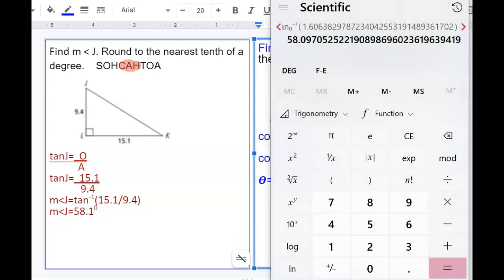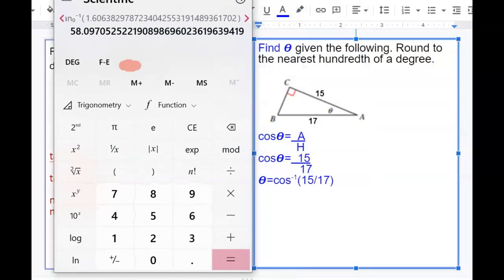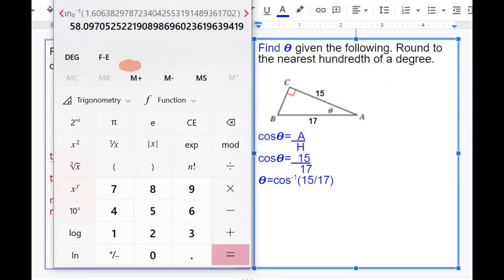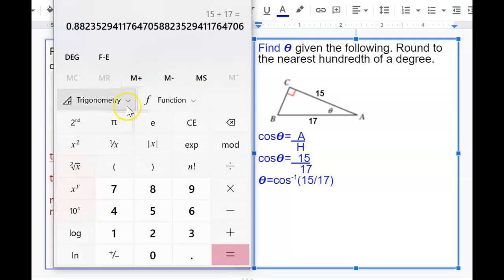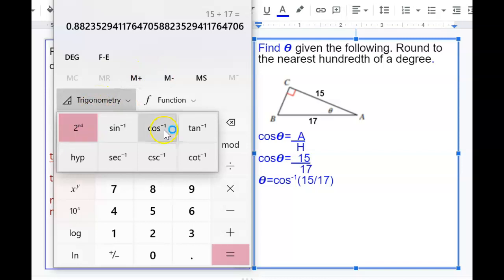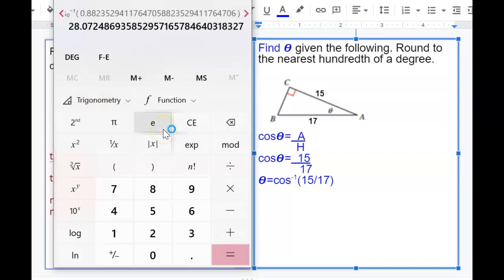First, let's type 15/17. So I have 15 divided by 17 equals. Now we take cos inverse of that. So you click on trigonometry, second function, cos inverse, and that is 28.0724.